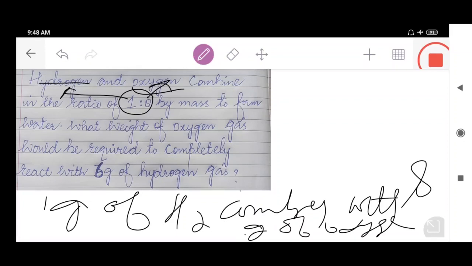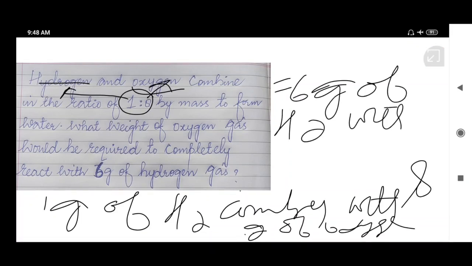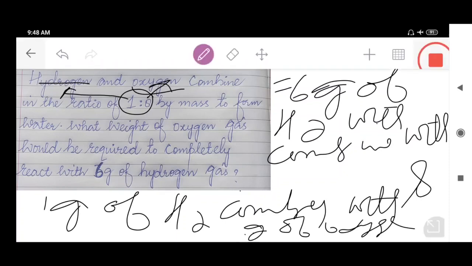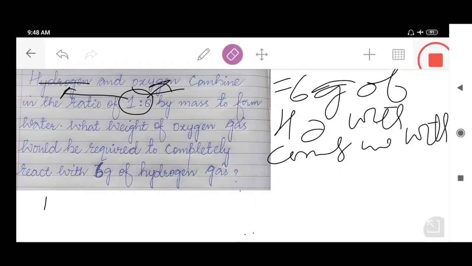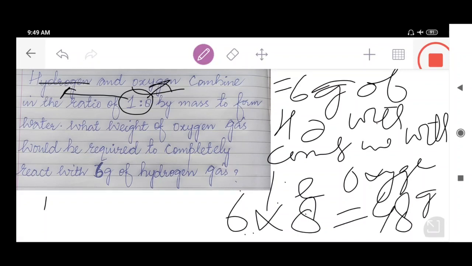Now 6 grams of hydrogen will combine with oxygen, that is 6 into 8, that is 48 grams. The right answer is 48 grams.